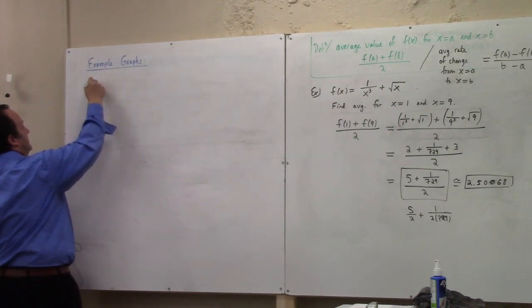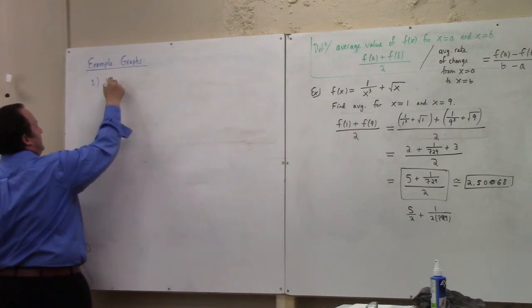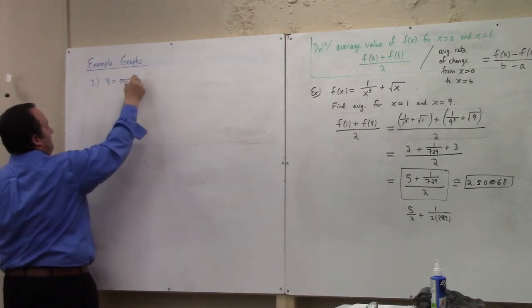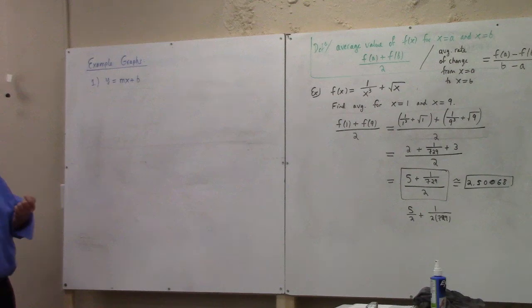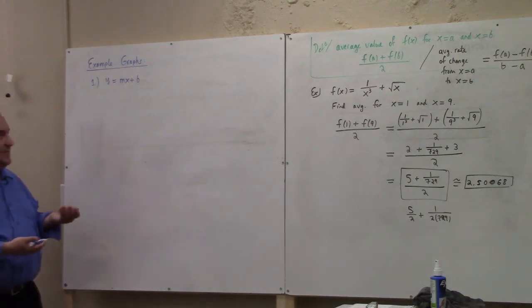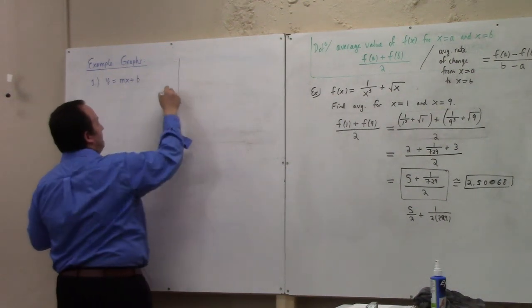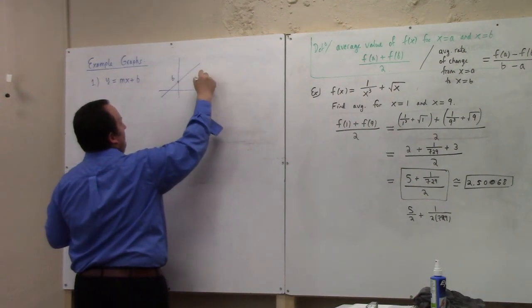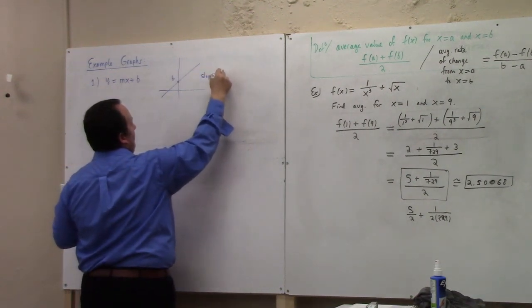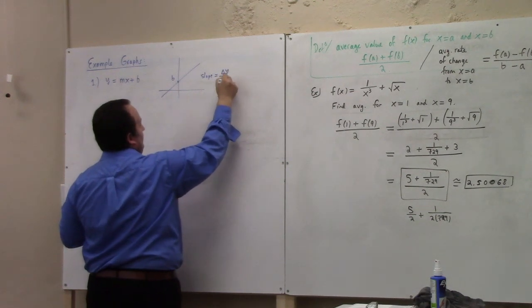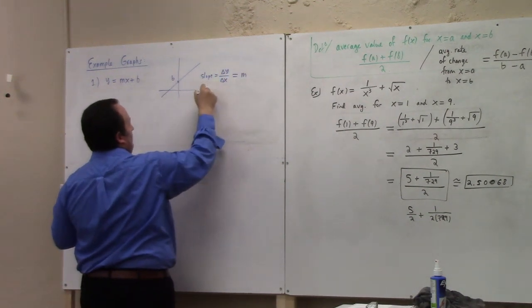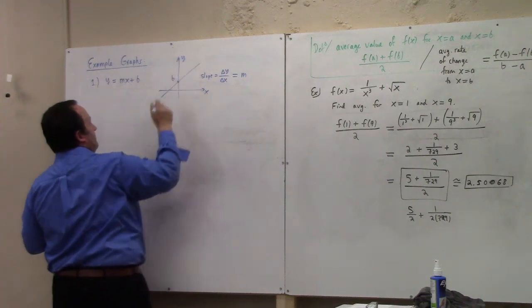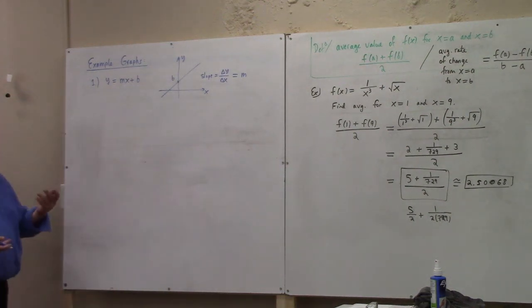So the first one is something like y equals mx plus b, right? You know what that is, right? That's a line, slope m, y-intercept b, right? So we've already talked about that, right?